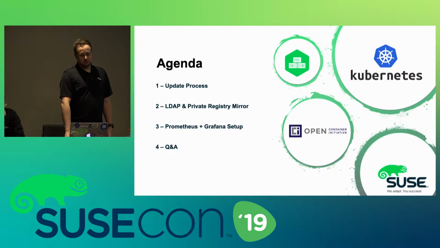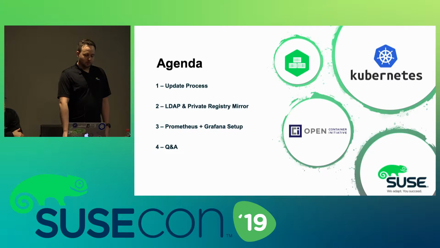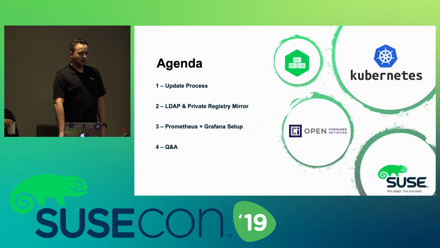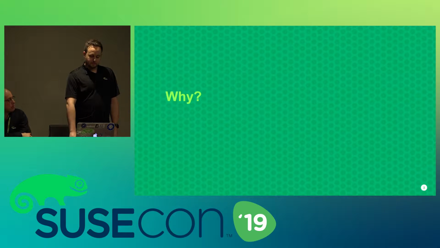Then Peter's going to talk about how to configure CaaS Platform for LDAP and setting up private registry mirrors through it. And then I'm going to demo on a lab system deploying Prometheus and Grafana for monitoring both the cluster itself and potentially any applications running on top of that.